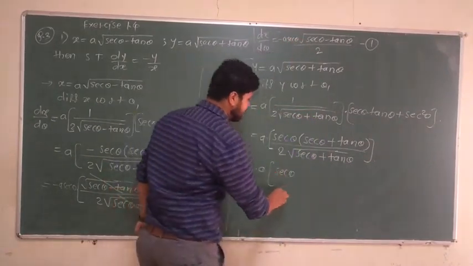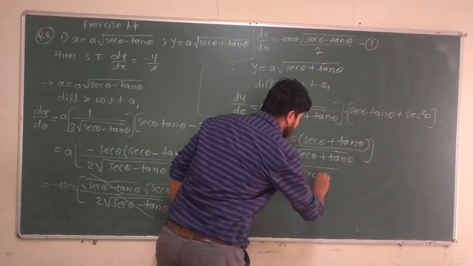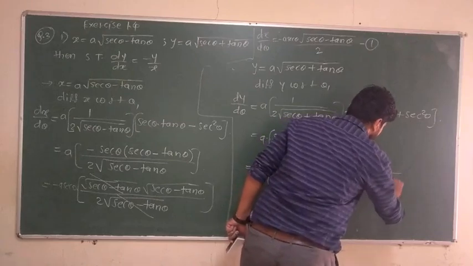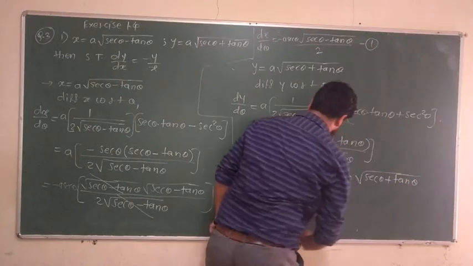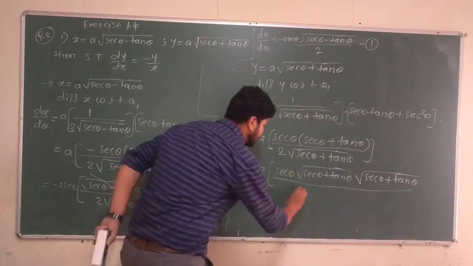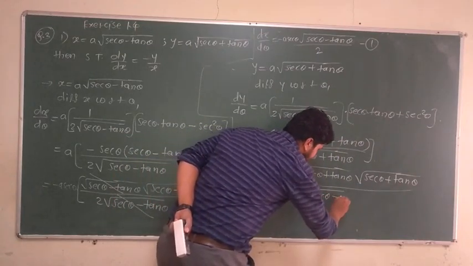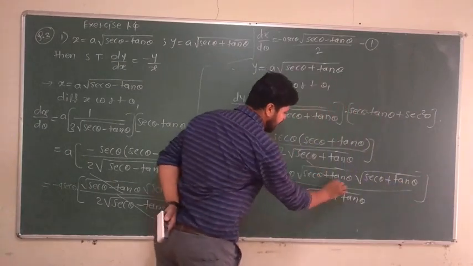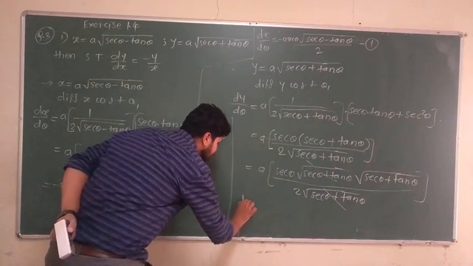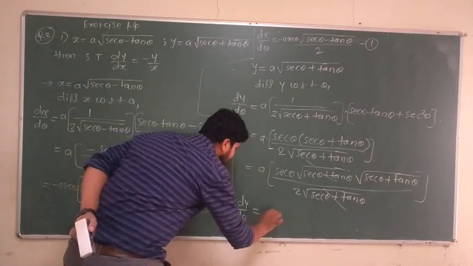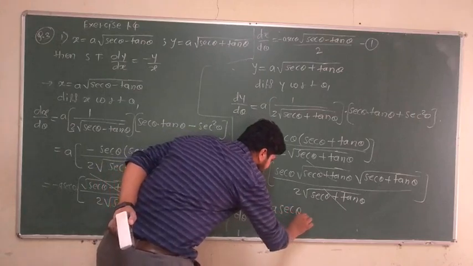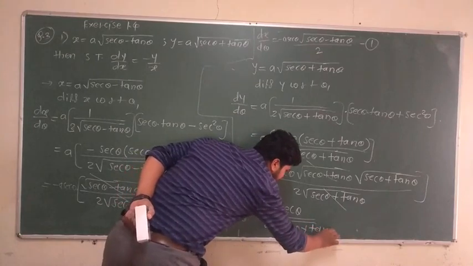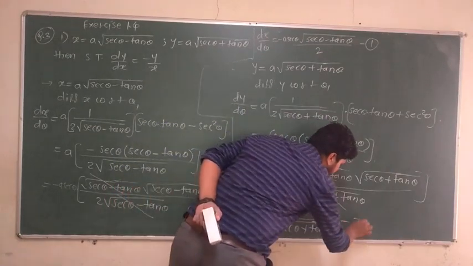So a sec theta in bracket, into root sec theta plus tan theta into root sec theta plus tan theta, upon 2 root sec theta plus tan theta, bracket complete. Now this one root gets cancelled here, and the value of dy by d theta is equal to a sec theta root sec theta plus tan theta upon 2. Call this equation number 2.